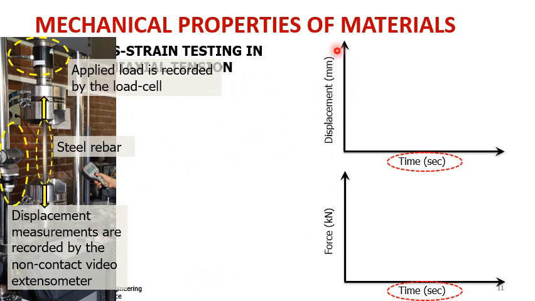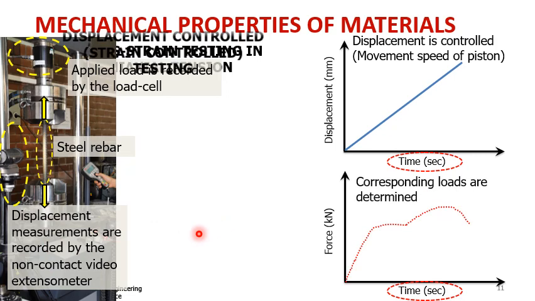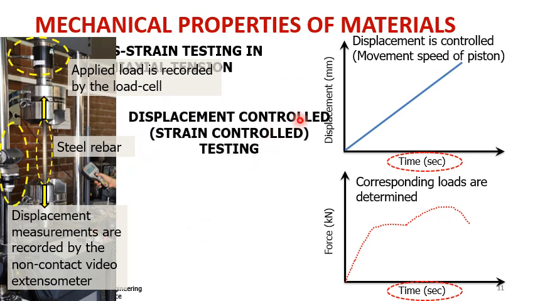Now if we are controlling the displacement, meaning we are moving the piston, or we are controlling how fast this piston goes up or down, this is called displacement controlled testing, or we sometimes call it strain controlled.